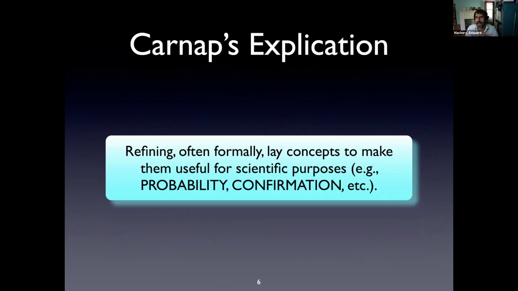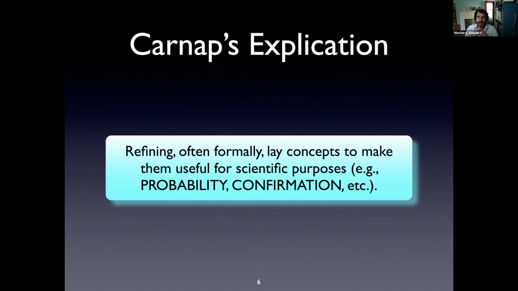One way to do that is to rely on Carnap's explication. Why would you want to do that? Well, despite maybe all their virtues, maybe because they capture some important distinctions worth preserving, it's still going to be the case that lay concepts or manifest concepts are in some respects confused or imprecise or niche-opening and so on and so forth.